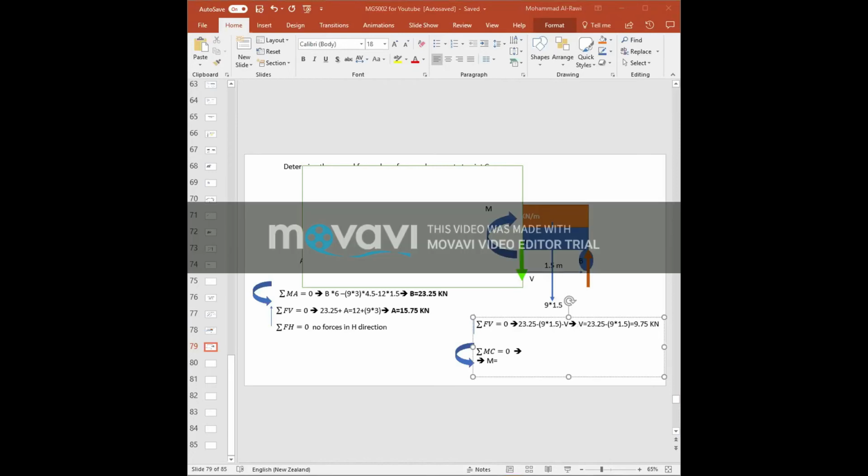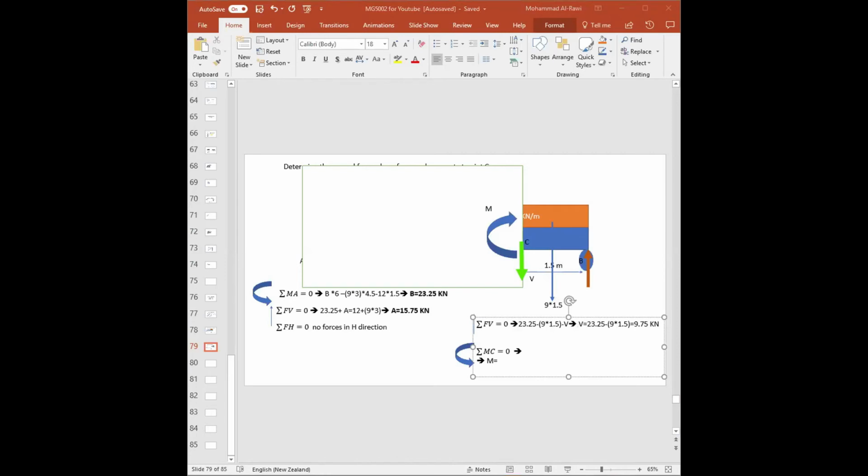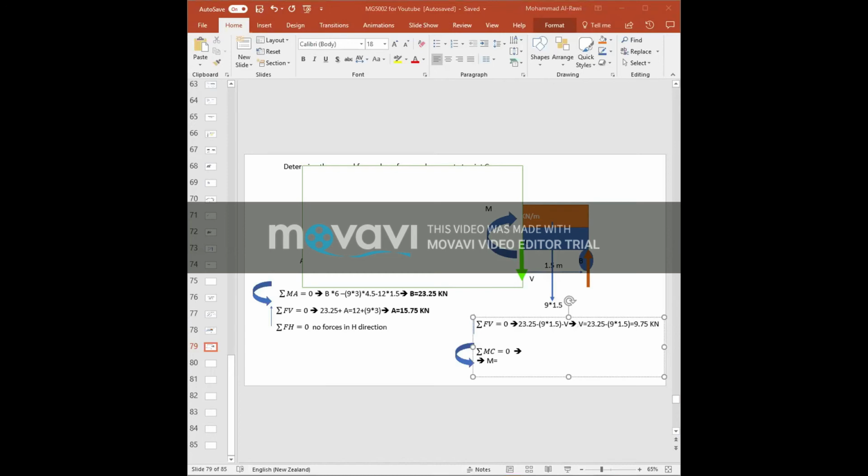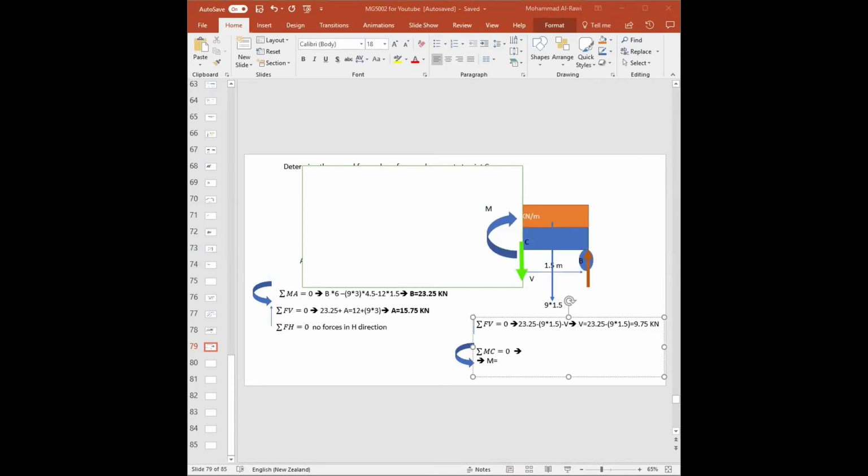So shear force, imaginary cut. Okay. Right.